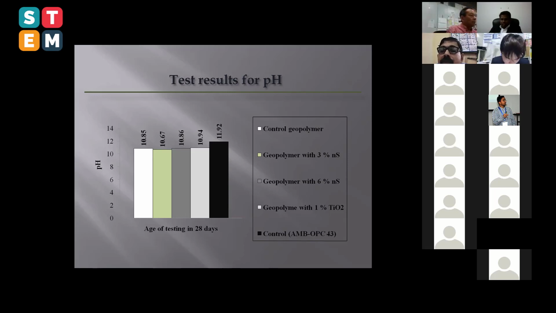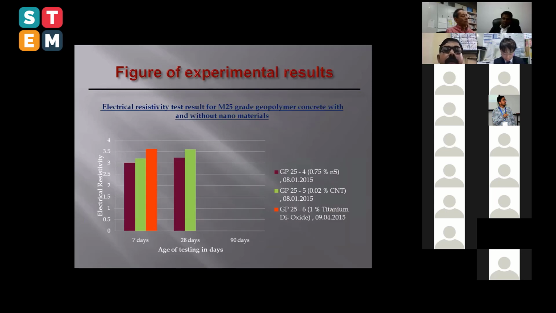So what is the effect of further incorporation of nanosilica or titanium oxide? We found that there is insignificant variation of the pH with the incorporation of the nanomaterials.